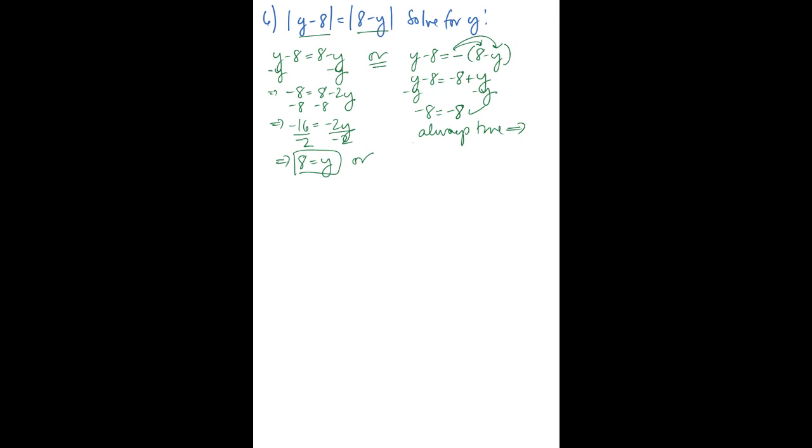So the solution set here is all real numbers. It doesn't matter what we plug in for y here. Anything we plug in for y into this equation will work, because no matter what y is, we're still going to end up with negative 8 equals negative 8, which is always true.